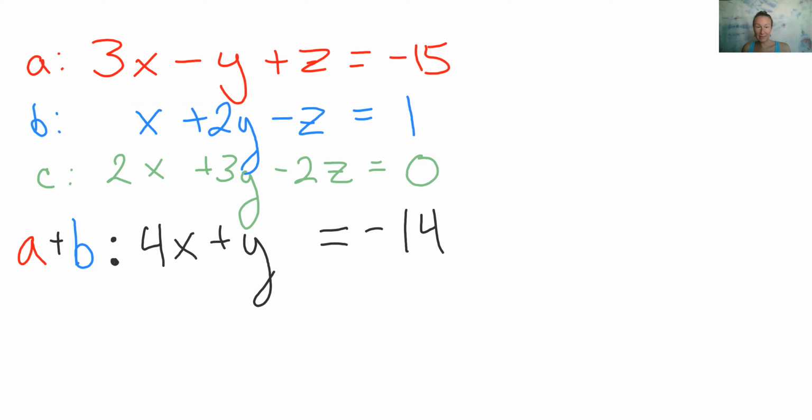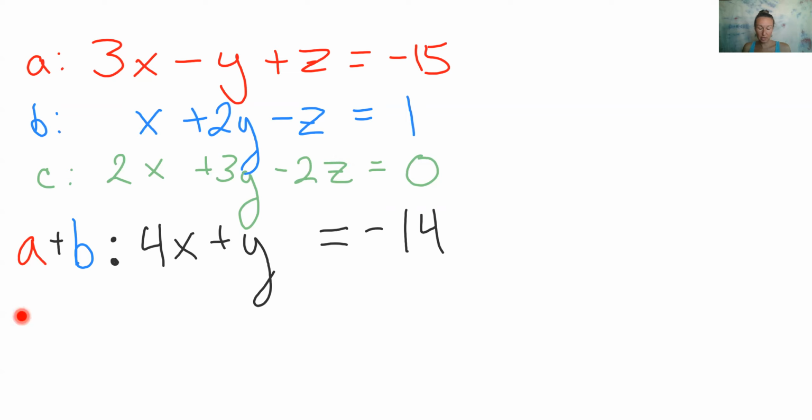So now I want to eliminate z again, but I need to use a different 2 equations. I'm still going to use equation B because, actually, you know what, let's use equation A because we've got a positive z and a negative z here, so I won't have to multiply by any negative numbers. So let's use equation A, but we're going to multiply it by 2.